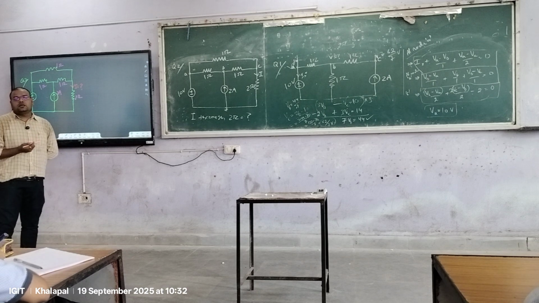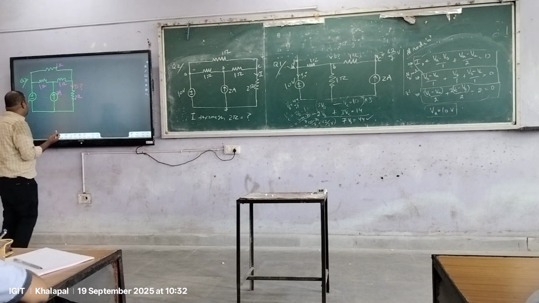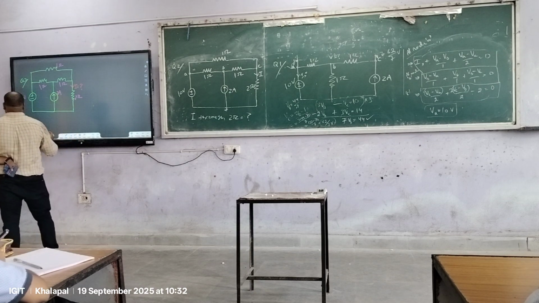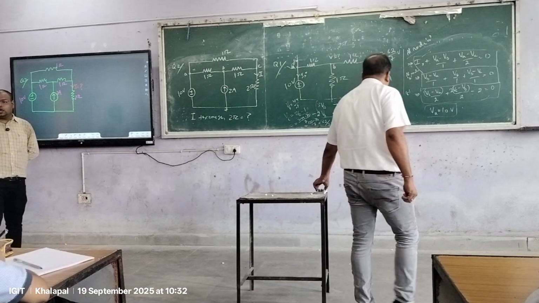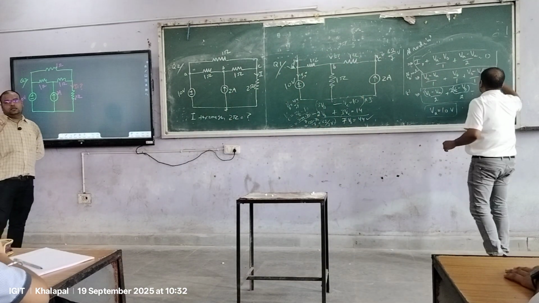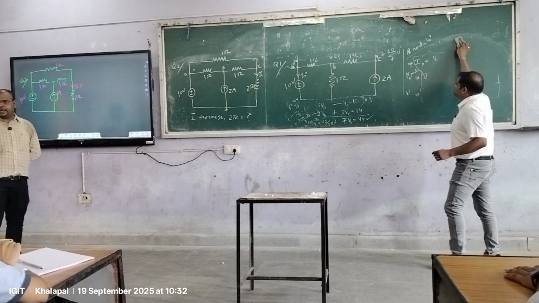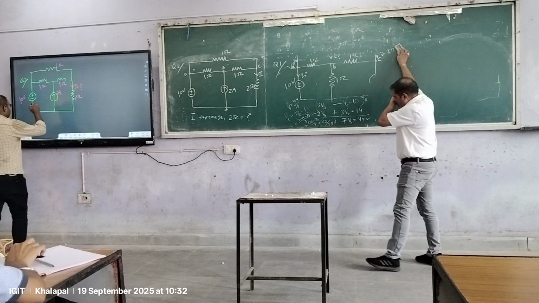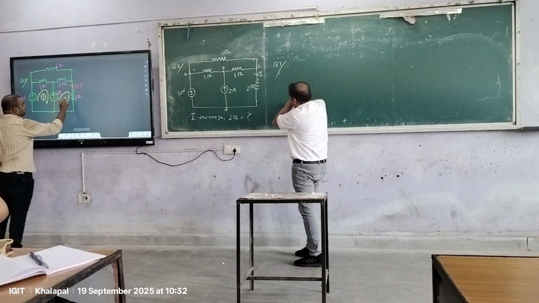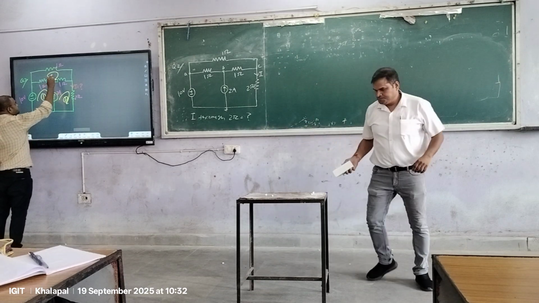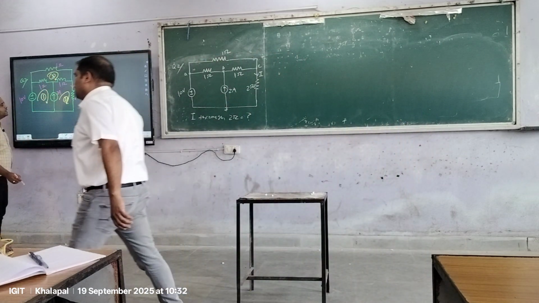First, use mesh analysis and find out the answer. See, how many meshes are here? 3 meshes are here, right? So this one is mesh 1, mesh 2, and here is mesh 3.